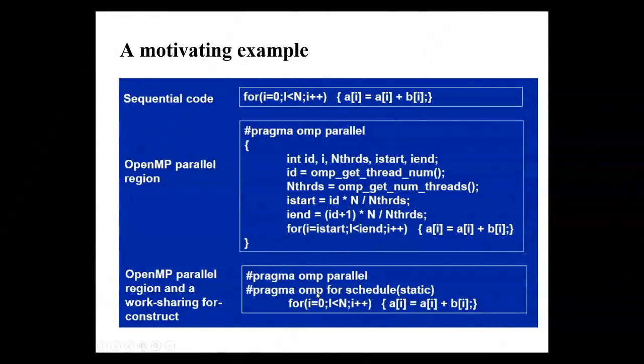And when you have a worksharing construct like the for loop, or do loop in Fortran, it makes the coding much easier. You simply use omp for, and the compiler will do its best to divide your loop among the team of threads.